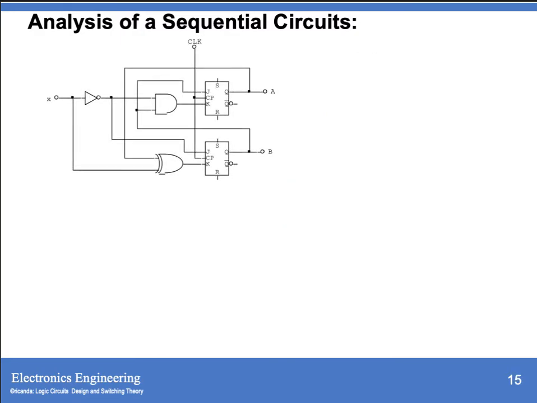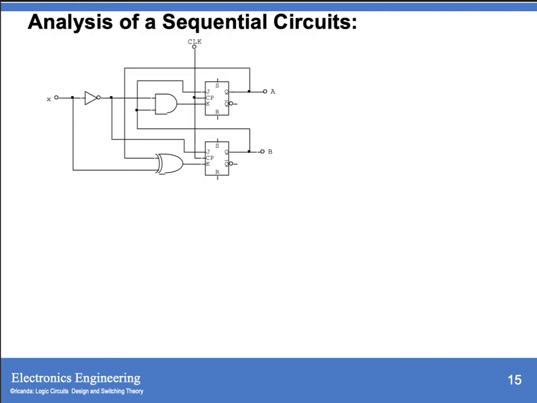So we have another example. This time, it is a sequential circuit that uses JK flip-flops. We have to determine the state equation of your first JK, which is designated as A, and also the second JK, which is designated as B. For your first JK, we have to determine your JA and KA as input to your JK flip-flop.